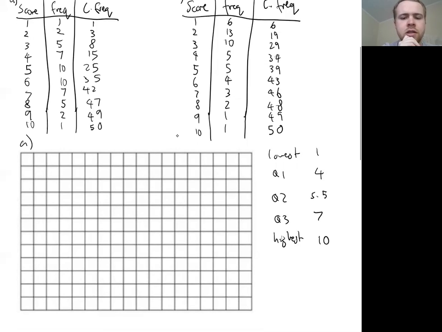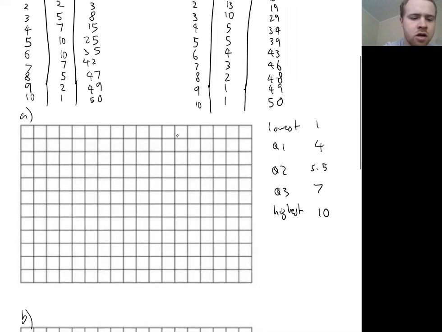Okay, so now we've got to add in our features. Let's go from left to right. We've also got to put our scale here. So we're going to go 1, 2, 3, 4, 5, 6, 7, 8, 9, 10. Okay, so lowest is at 1, which is easy to do.